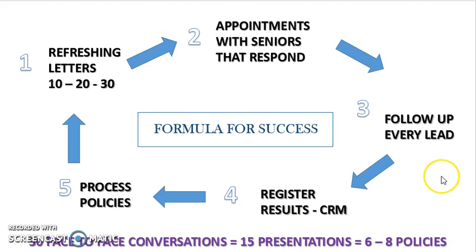Number four, register results. This is important to be able to follow up. We have to register results, and I have a CRM that I want to teach you how to use. A CRM is a system where you have all your contacts and information, and basically their stories.